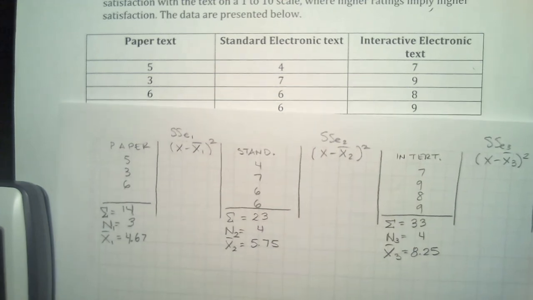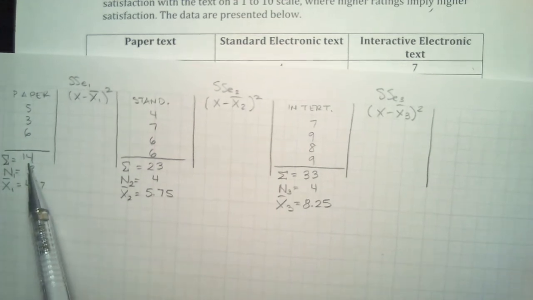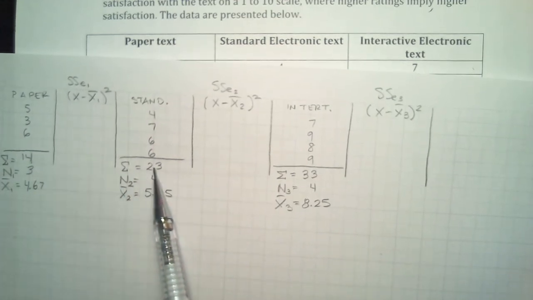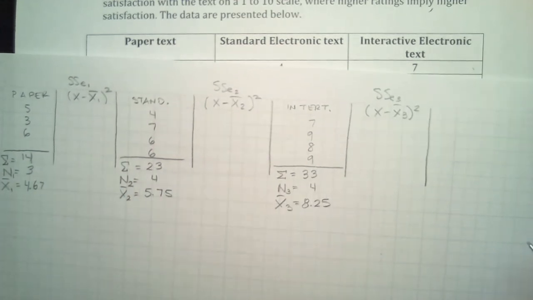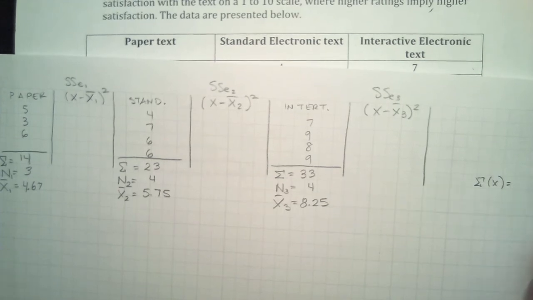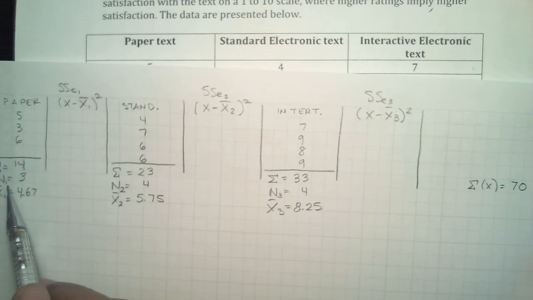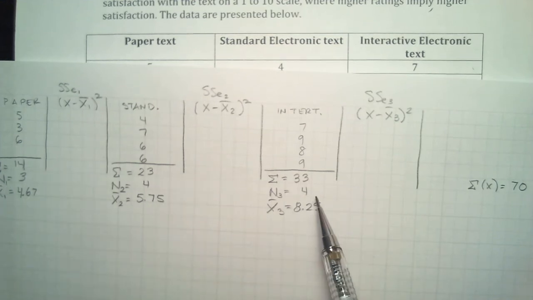Okay, now that I have this set up, what I'm going to do is just add across. So 14 plus 23 plus 33 is 70. That's the sum of all the scores. Now I'm going to add up all the n's: 3 plus 4 plus 4.